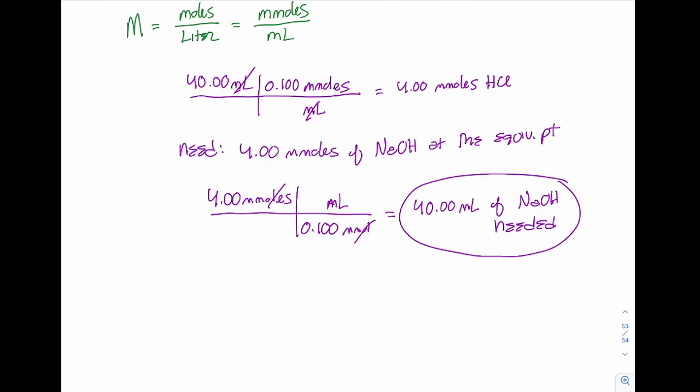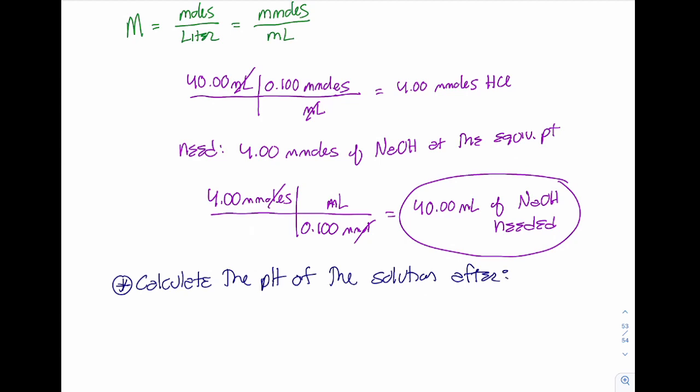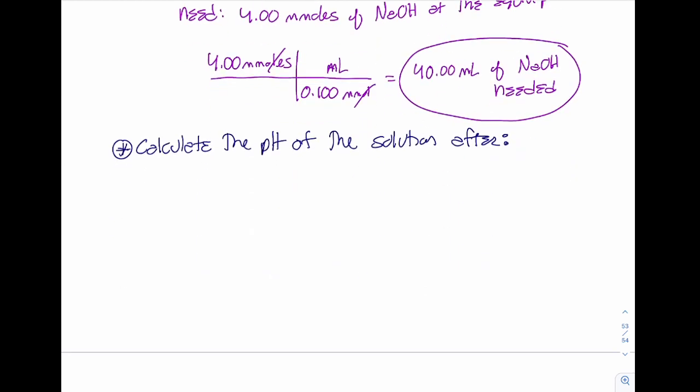So we're now going to calculate the pH of the solution after, and then we're going to have different points. So the first one, just initially, we could say after 0 milliliters of base has been added.